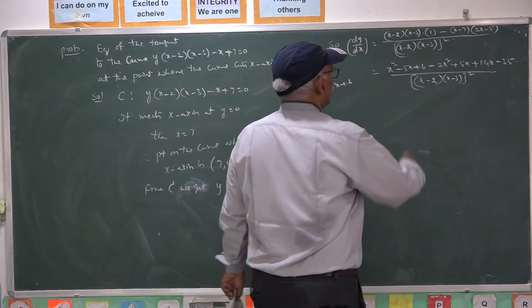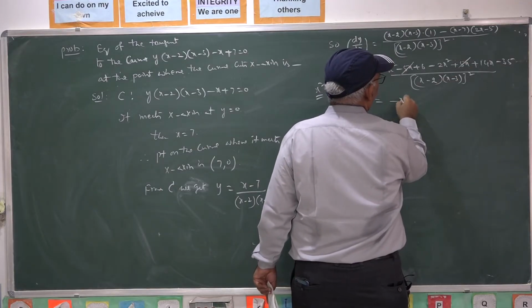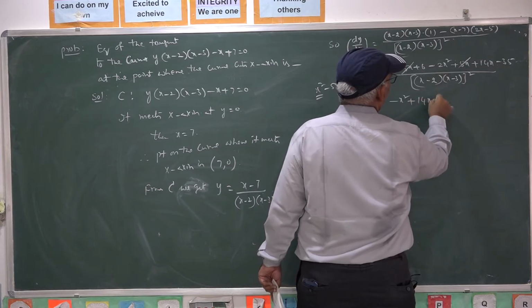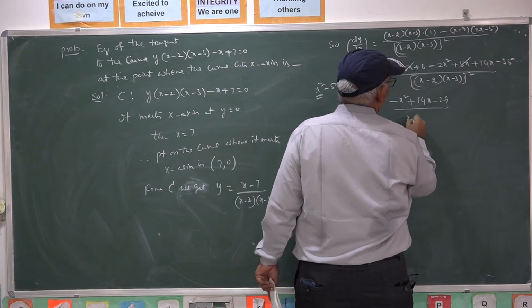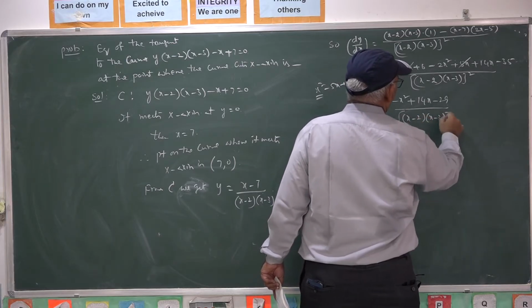The minus 5x plus 5x cancels. Hence we get minus x square plus 14x, and the constants give minus 29, by ((x minus 2)(x minus 3)) whole square.